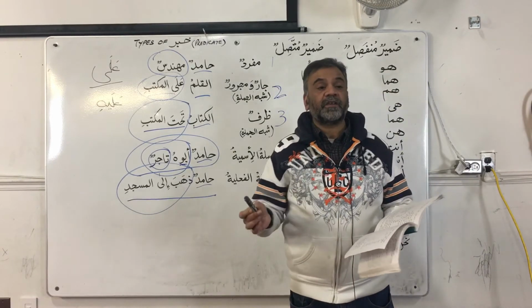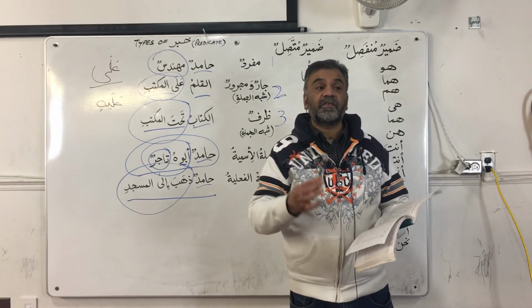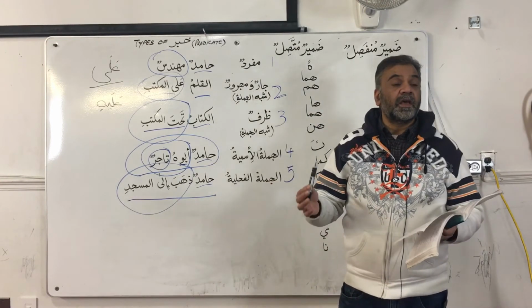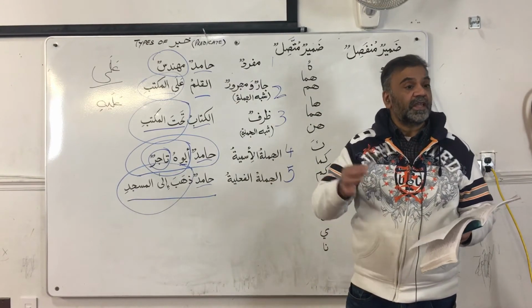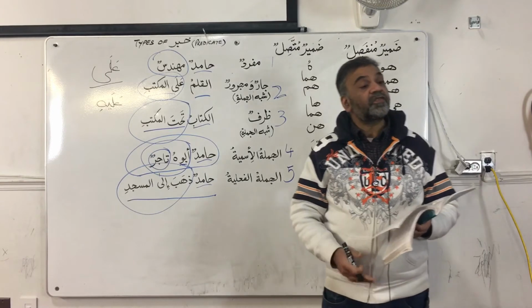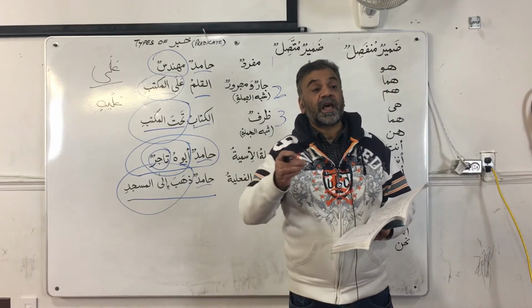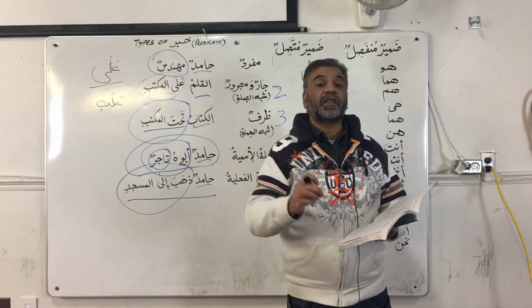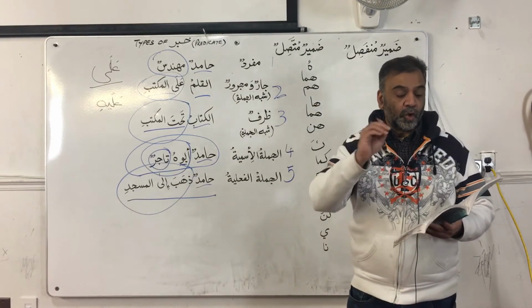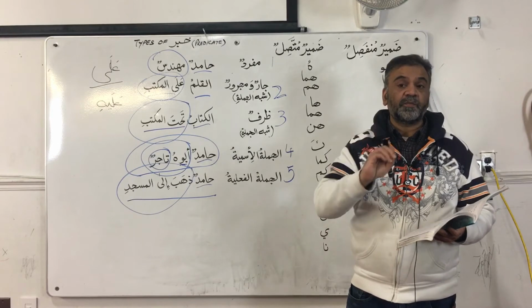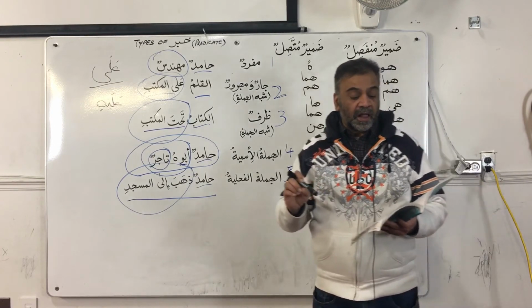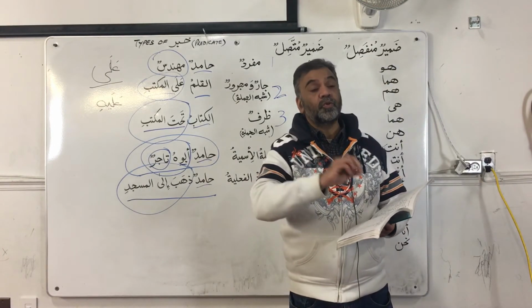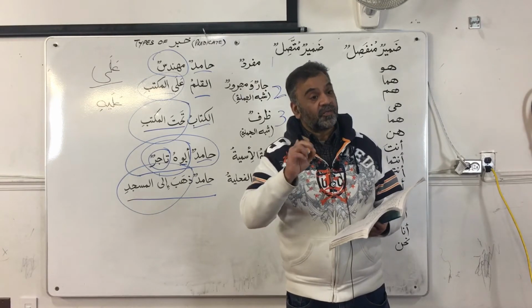This is more practice. So let's do the same, taking the example using kitabun. How do I say haza kitabi? This is my book. Haza kitabuka, this is your book. Masculine, second person, singular. Haza kitabuhu, this is his book.